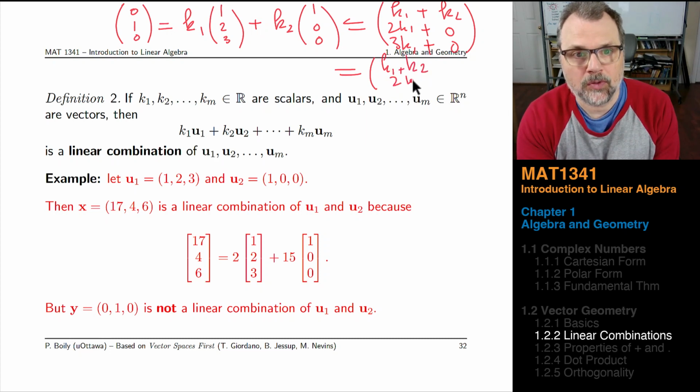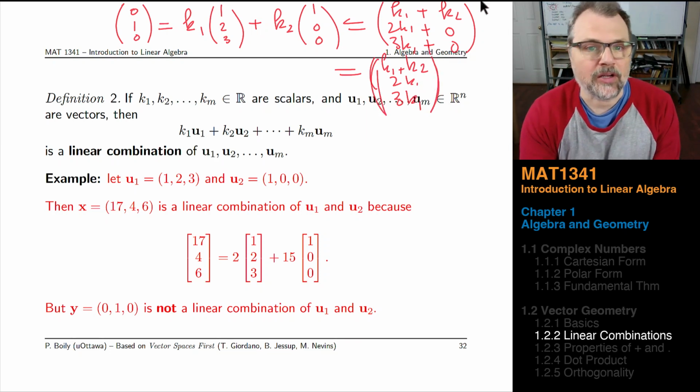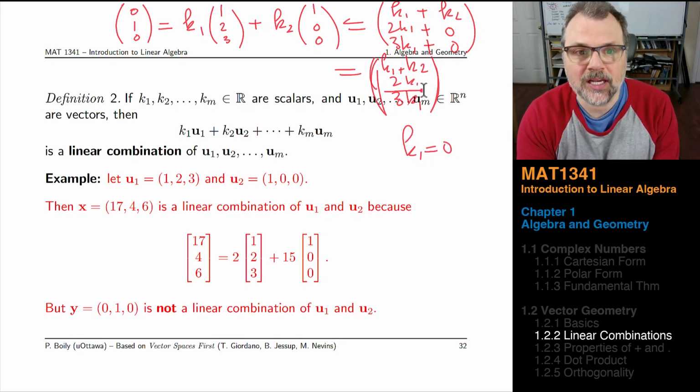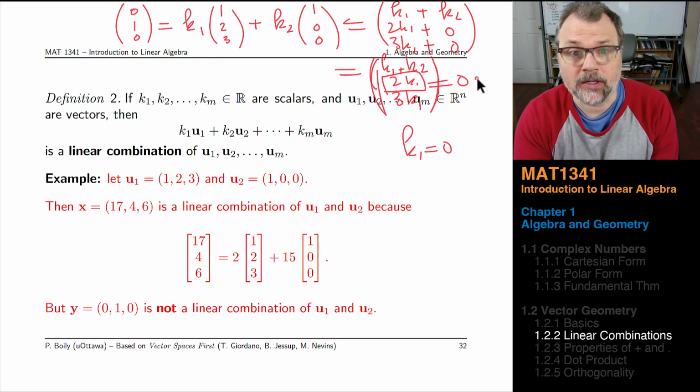This is 2k1, and this is 3k1. Now I can say something about this, right? 3k1 has to be equal to 0, the third component. So that means that k1 is equal to 0. But if k1 is equal to 0, this second component here is also equal to 0. Twice 0 is 0, but it's supposed to be equal to 1, and that's different from 1.